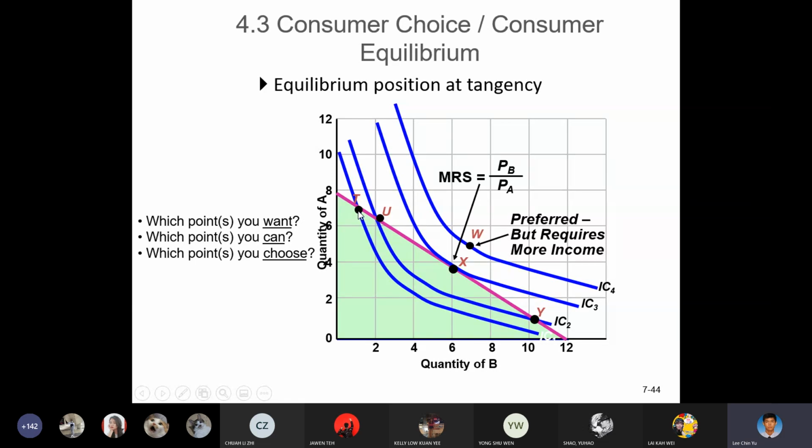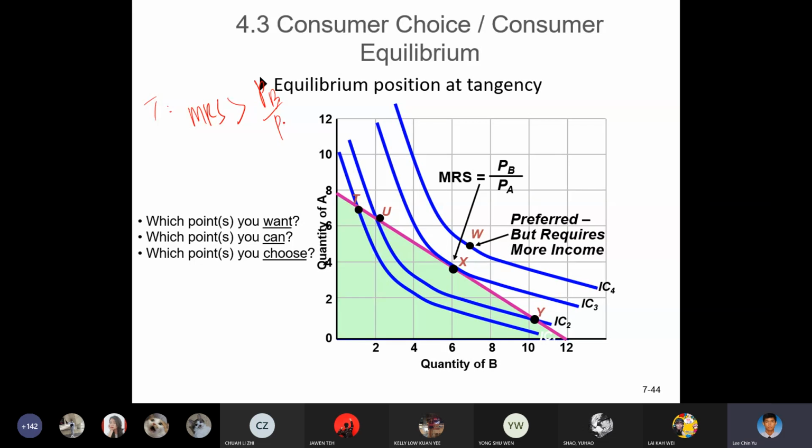From here you can see the slope, which is measured by the price ratio for the budget line. For T, you notice that the value of MRS is larger than the slope of the budget line.